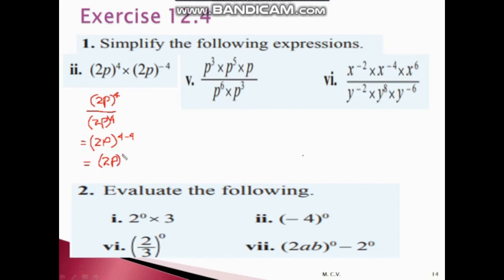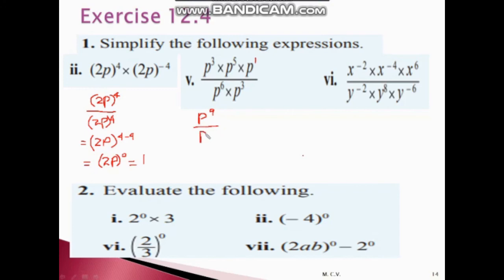The next one, let's simplify the numerator. 3, 5 and 1. 3 plus 5 plus 1 is 9. P to the power 9. In the denominator, indices are 6 and 3. 6 plus 3 also 9. P to the power 9. Let's apply the division rule.